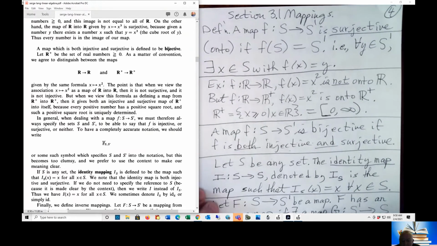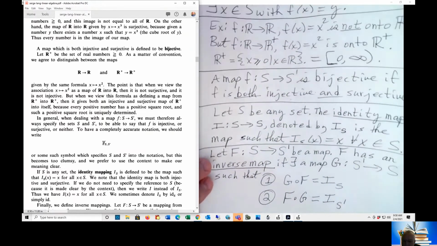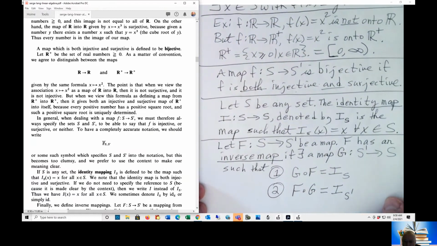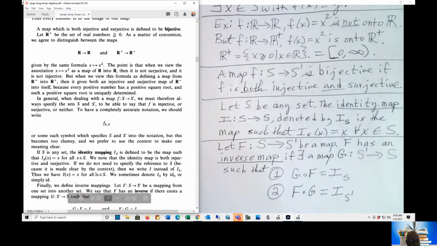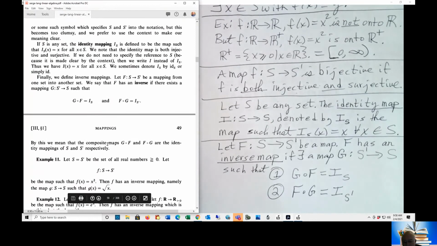Now that we have surjective and injective, we can look at the definition of what it means for a mapping to have an inverse mapping. Let F go from S to S prime, be a map.